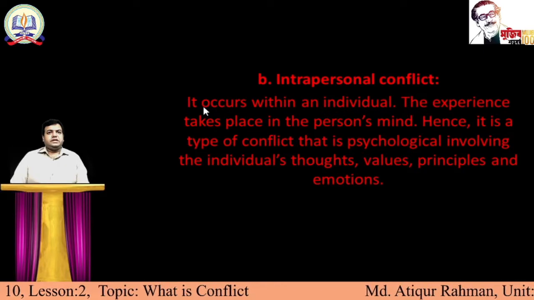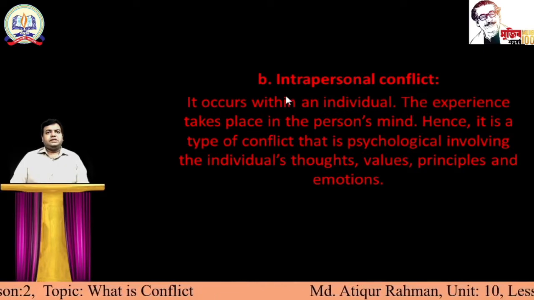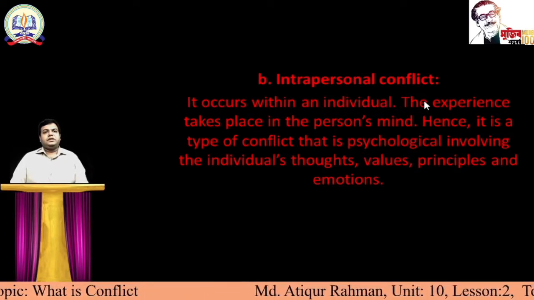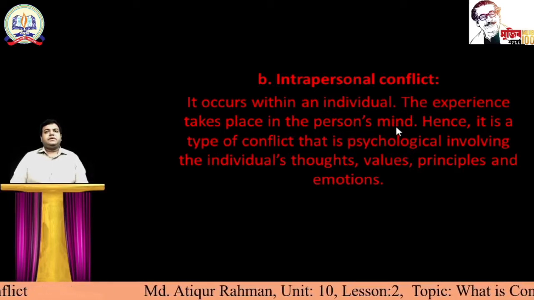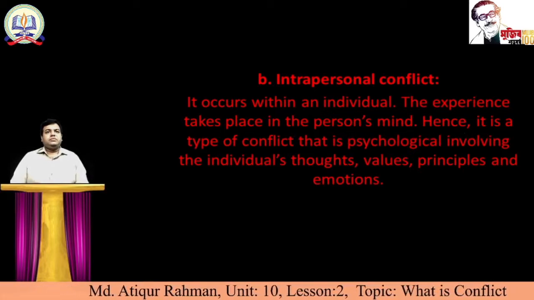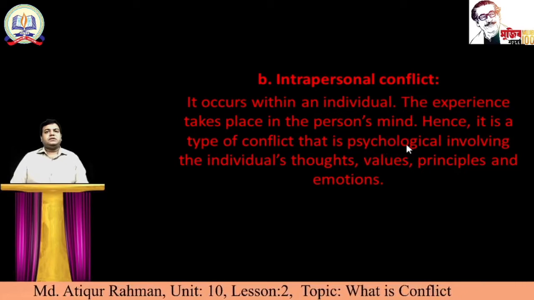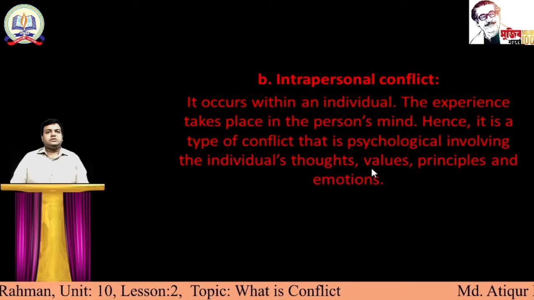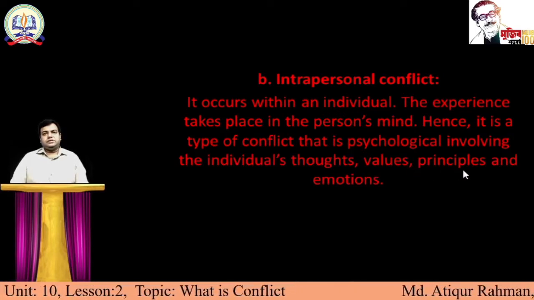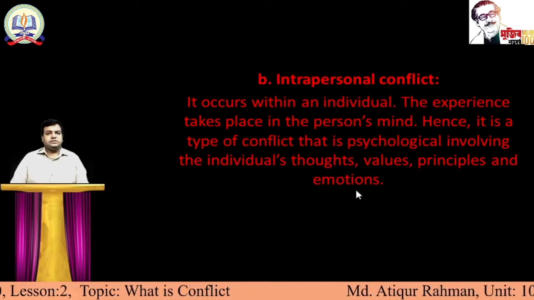The text says that it occurs within an individual. The experience takes place in the person's mind. Hence, it is a type of conflict that is psychological, involving the individual's thoughts, values, principles, and emotions.